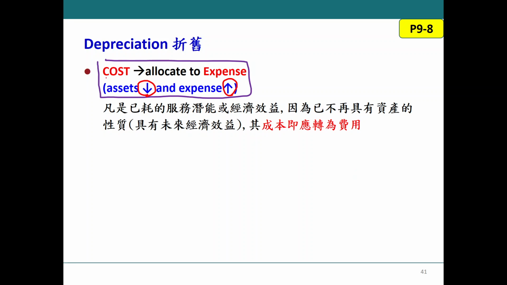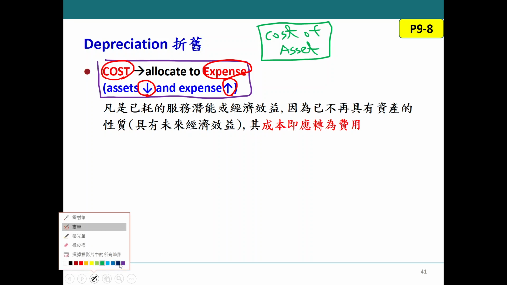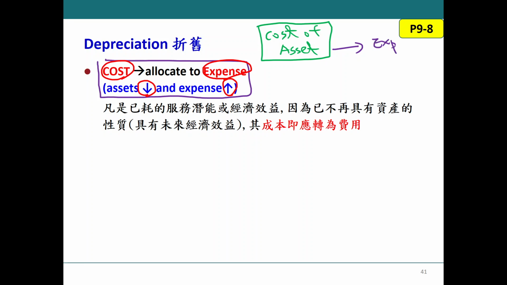So we will make your cost become expenses. Remember, cost. What does it mean, cost? Cost means cost of assets. Cost of assets, still, that's your assets. So your assets, when you use it, will become your expense.